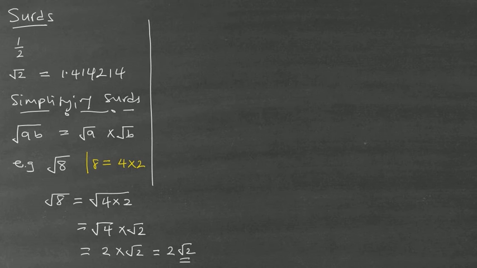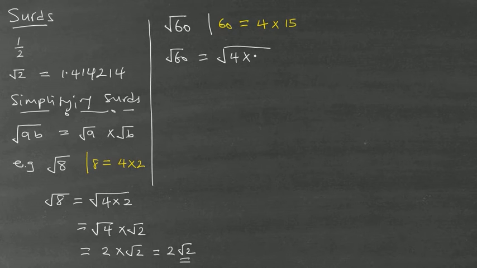And if we look at another example, if you have the square root of 60, how can we write 60 as a product of two numbers, with one having a perfect square root? I think I can write it as 4 times 15. So I can write the square root of 60 as the square root of 4 times 15.